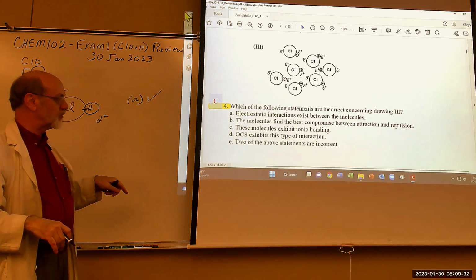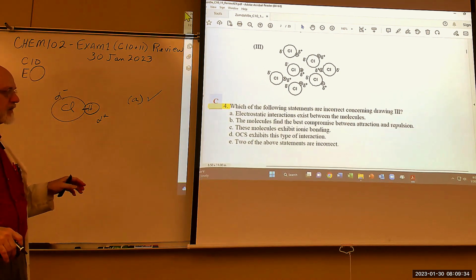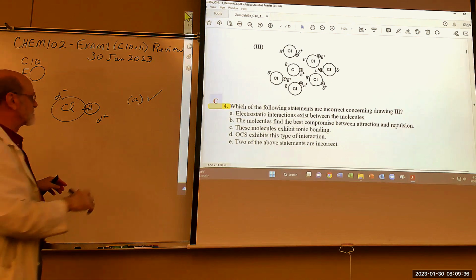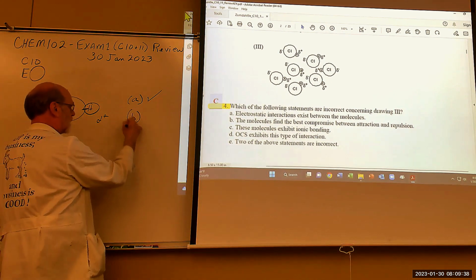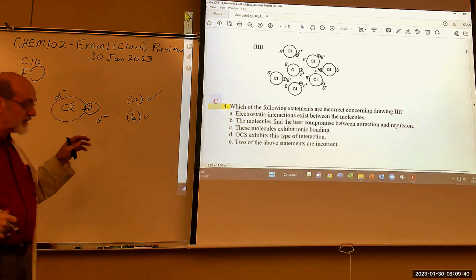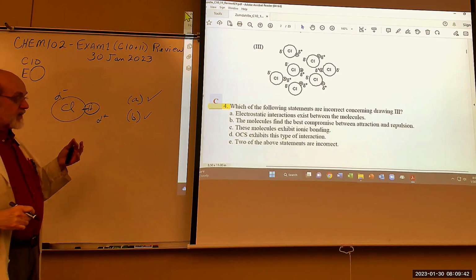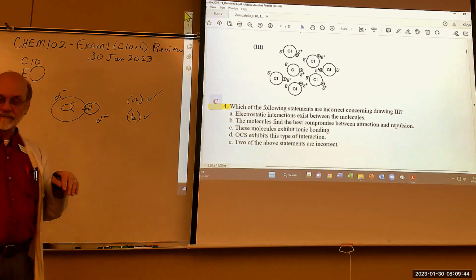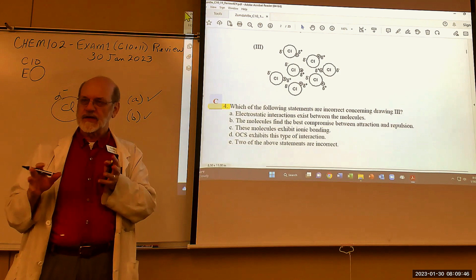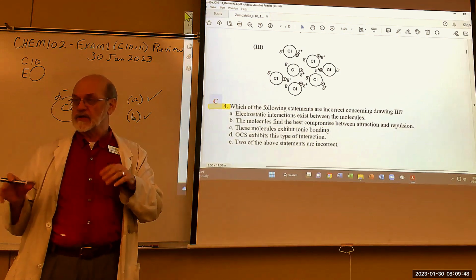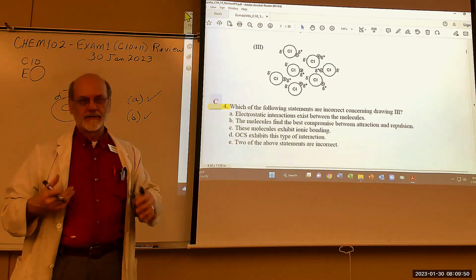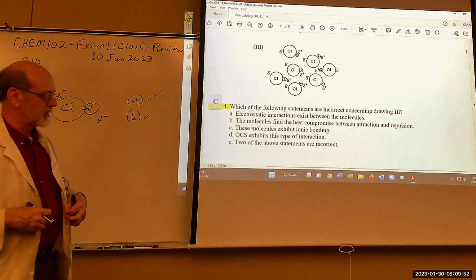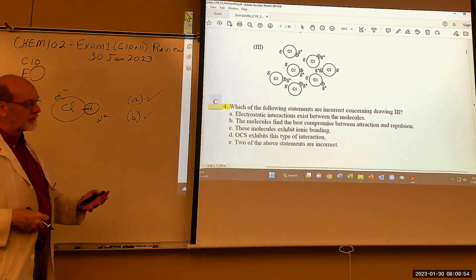Correct. Electrostatic interactions. This positive with the negative of a different molecule. Okay. The molecules find the best compromise between attraction and repulsion. That's also true. We didn't make a big deal out of that, but that's how they find the lowest energy. Right? Attraction decreases energy, repulsion increases energy, and we want to find a happy medium. Lowest possible energy is the most stable.